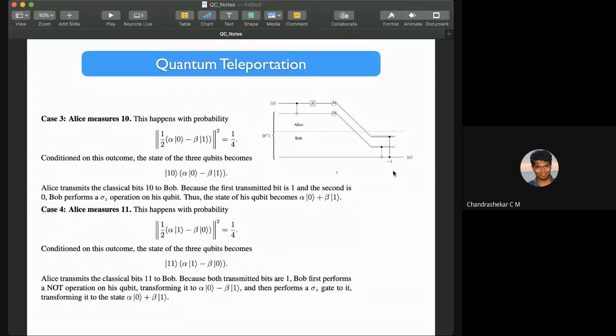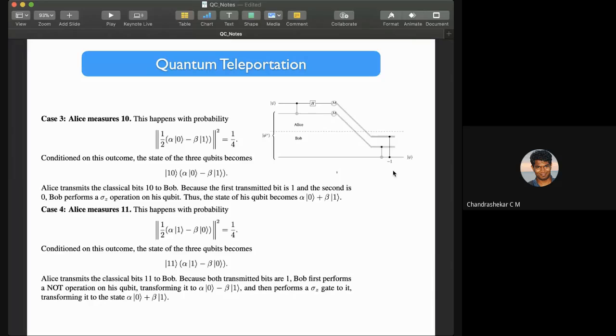So it might not look very dramatic, because somebody might say, oh, you are sending classical information between Alice and Bob, but you're not sending any quantum state, but you're still reconstructing the quantum state at Bob's side.